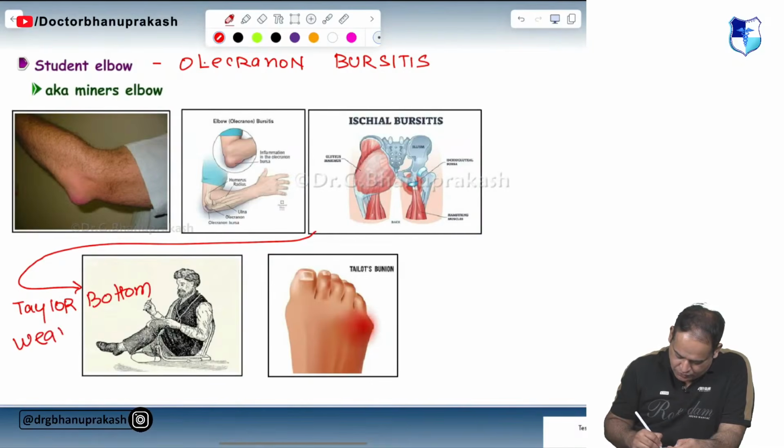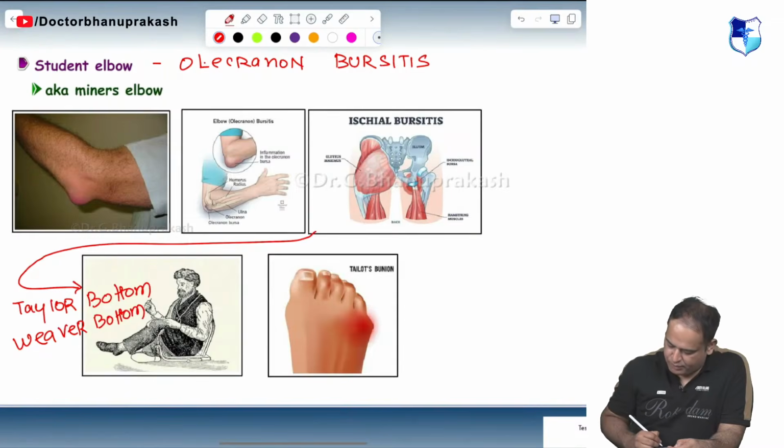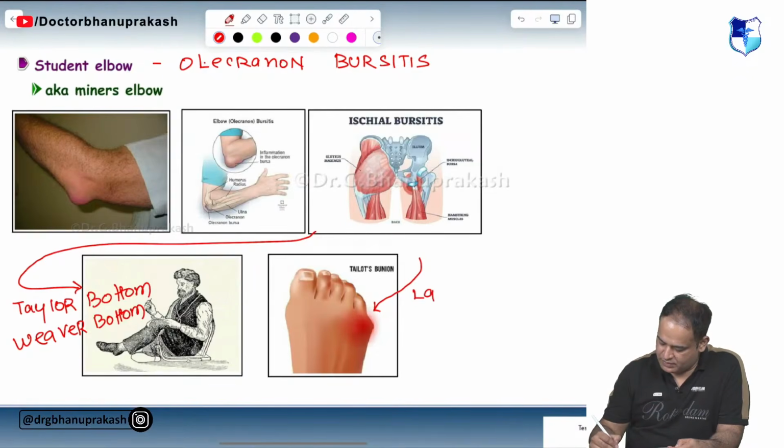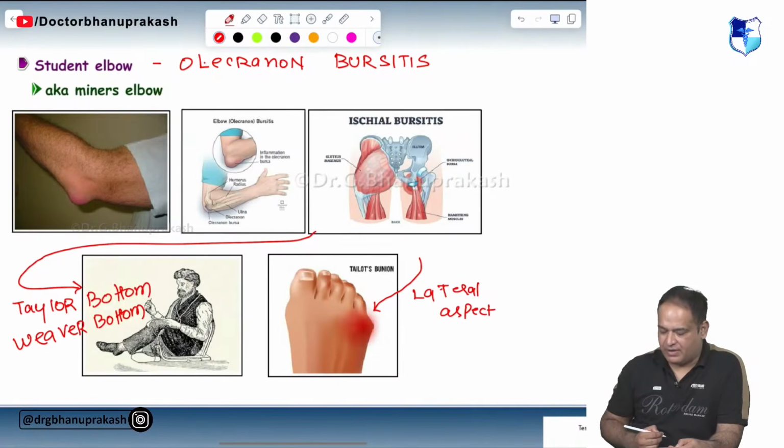is also known as Weaver bottom. Taylor's bunion. Taylor's bunion is seen on the lateral aspect.